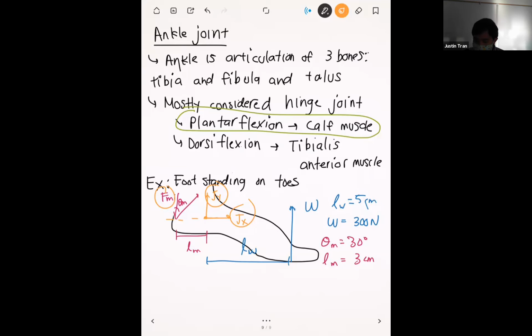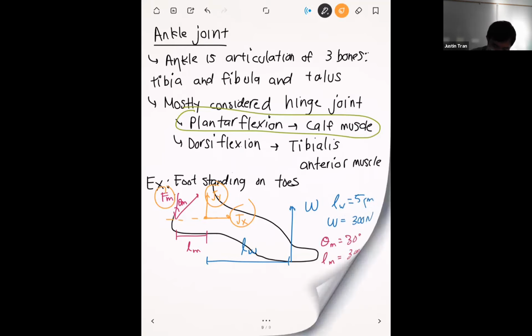All right, let's run through this really quickly, because everything aligns pretty well. We're going to start with the moments around the joint. So we have W LW minus FM, and because the angle is measured with respect to the vertical, we take the cosine of that angle, times LM, and that equals 0.